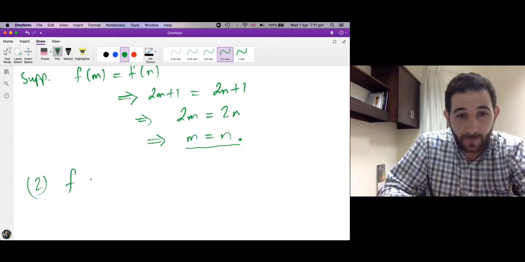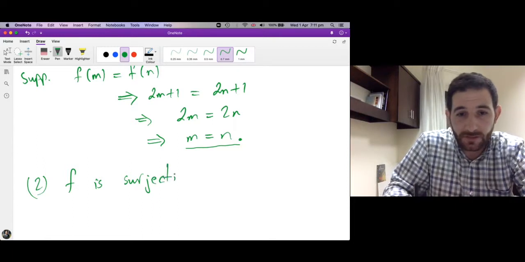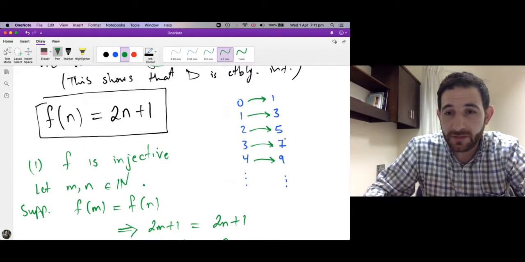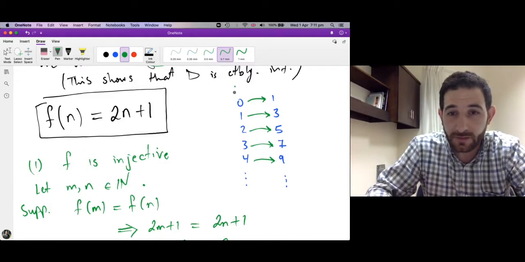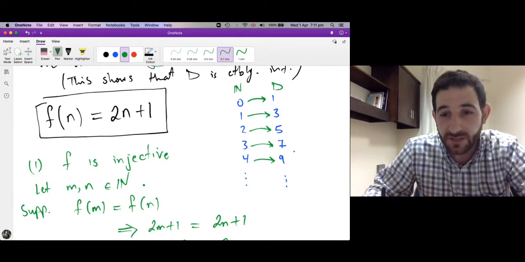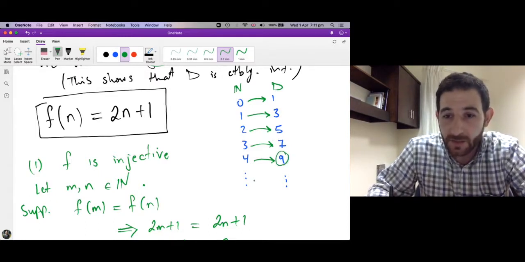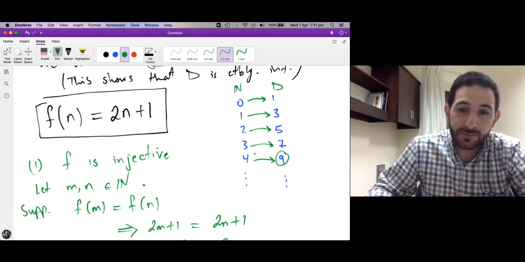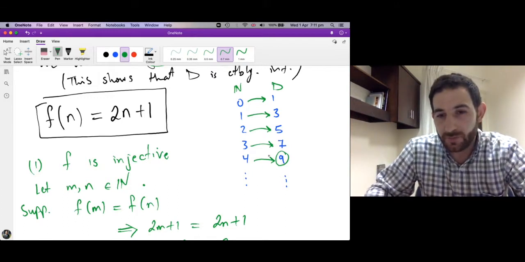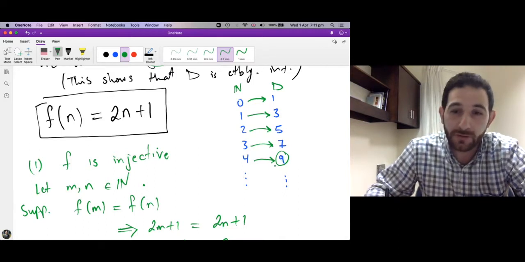And second, we want to show surjectivity. f is surjective. How do you show f is surjective? It means that if you choose any element in the codomain, remember this is the domain, the natural numbers, and this is D, the set of positive odd integers, what is its pre-image? How do we obtain the pre-image? We subtract 1 from the element we choose in the codomain and divide by 2.